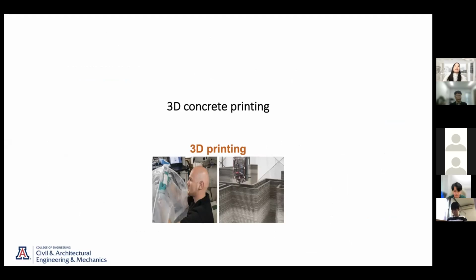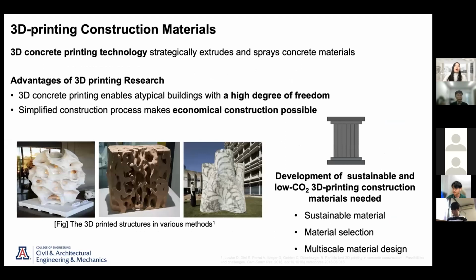Lastly, I would like to explain why 3D concrete printing technology is important and how it is also related to the climate disaster. 3D concrete printing technology strategically extrudes and sprays concrete materials. Unlike conventional construction, 3D concrete printing enables atypical buildings with a high degree of freedom.